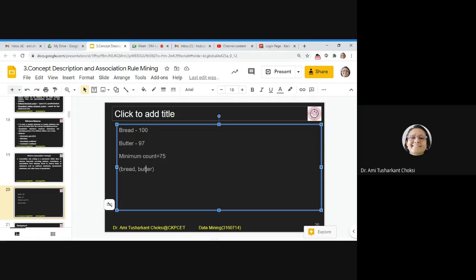That means the transactions where we can have the butter, then bread, and you can have chocolates in between. Order doesn't matter. Only thing is both the items must be there.